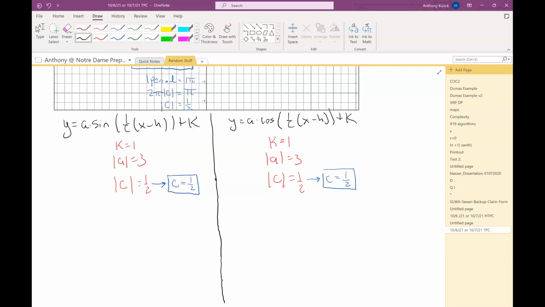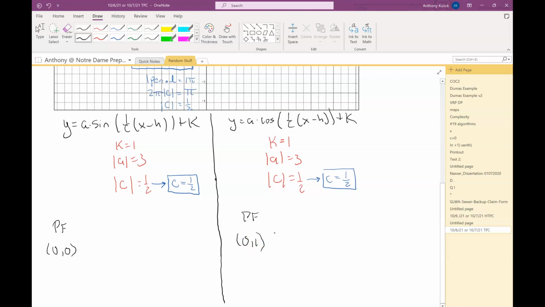And for sine, I'm going to find the key point that has an x-coordinate of 0. So on the parent function, that point was 0, 0. And for cosine, the point on my parent function was 0, 1.